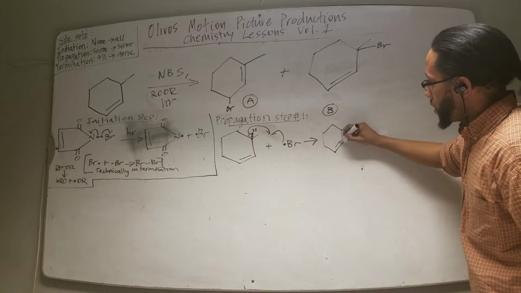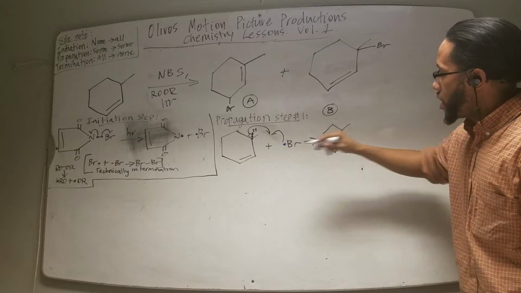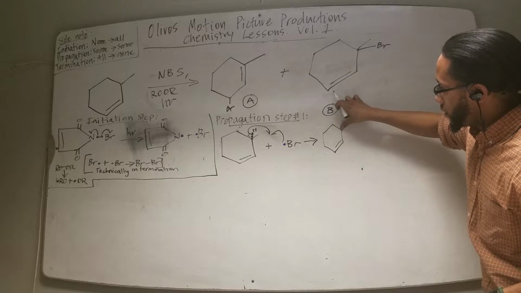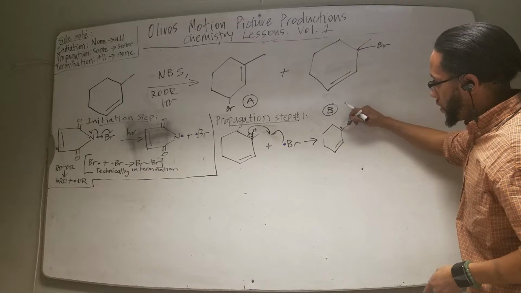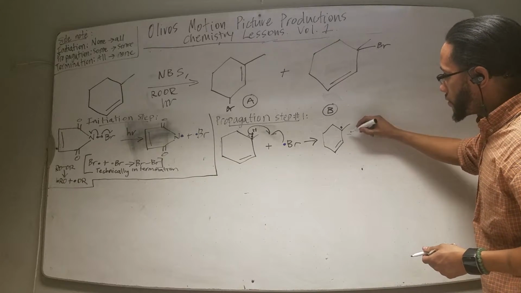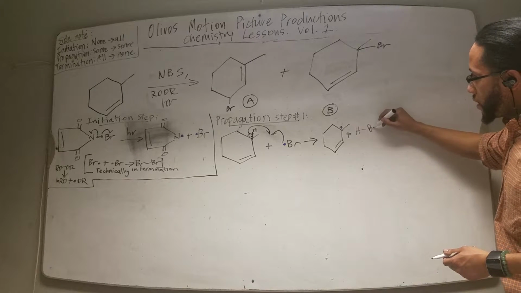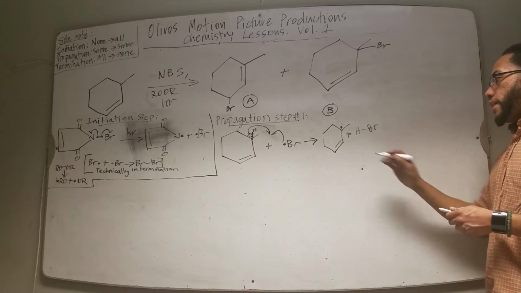This is going to make your radicals stay right there. Let me put this in a different color so you can see a more significant effect there. Your radical goes there, and now you have HBr. So you have your HBr and your radical there.